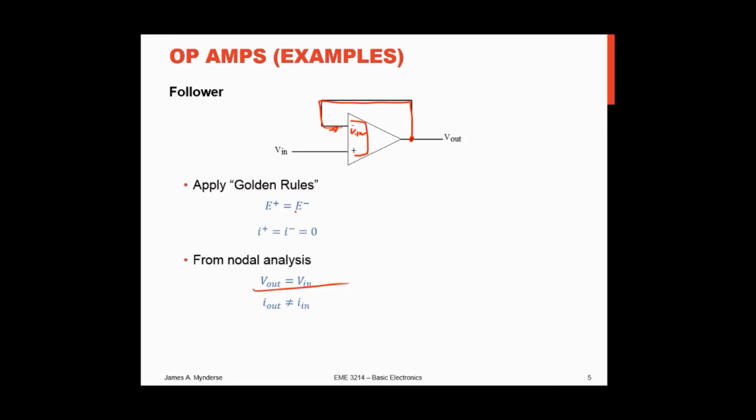So what would be the point of doing this? Remember that the input impedance here, we said was infinite, so my I here is 0. So I have this connected to a circuit. I'm not drawing any current or any power from that circuit. I have that very high input impedance, so I can make measurements of a circuit without affecting that circuit so much.